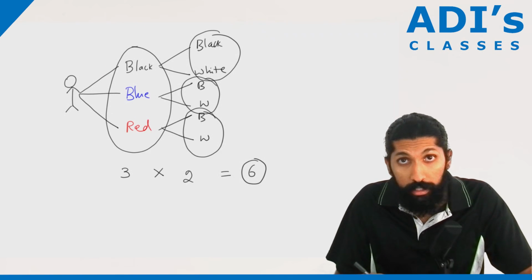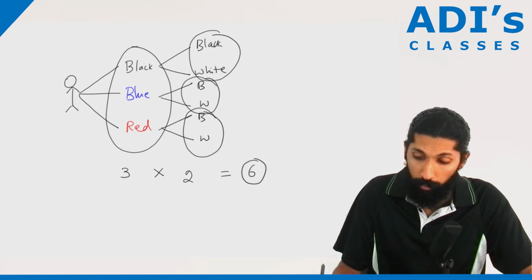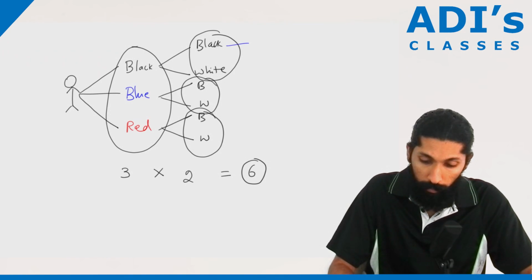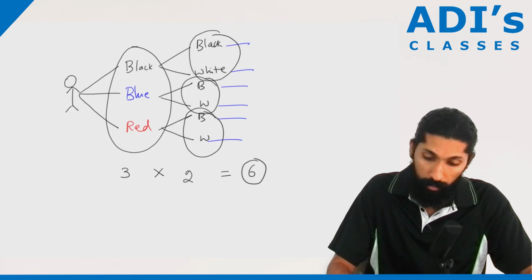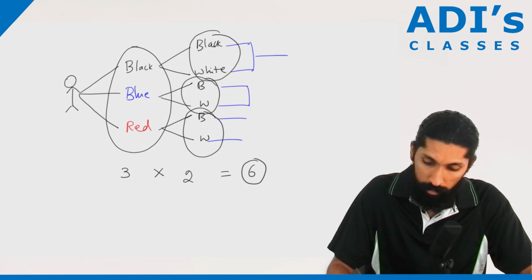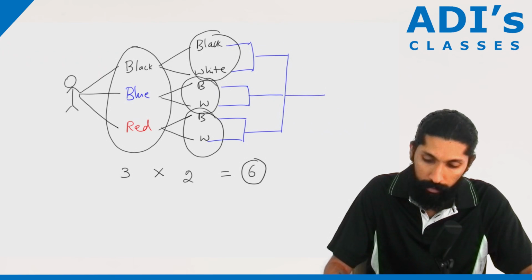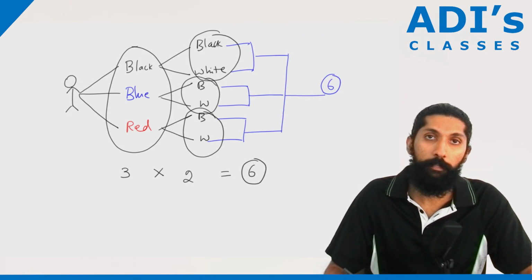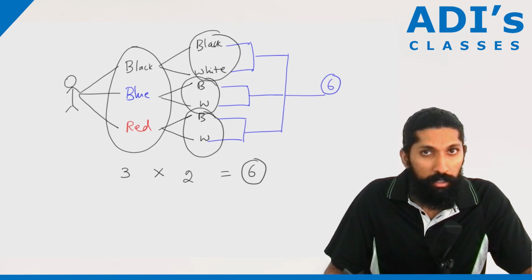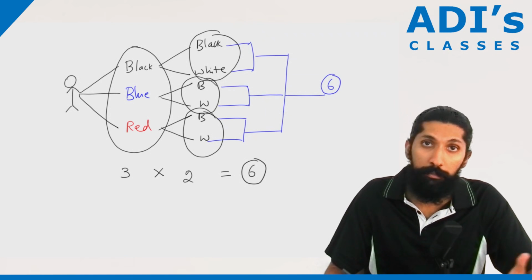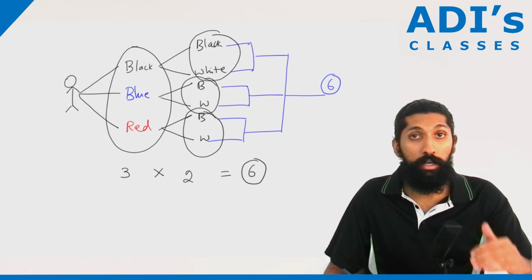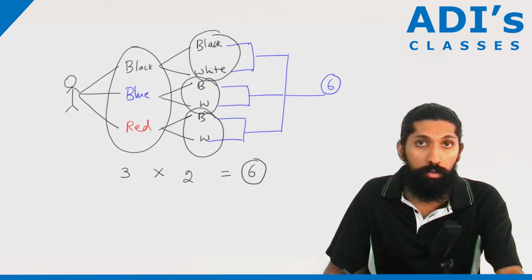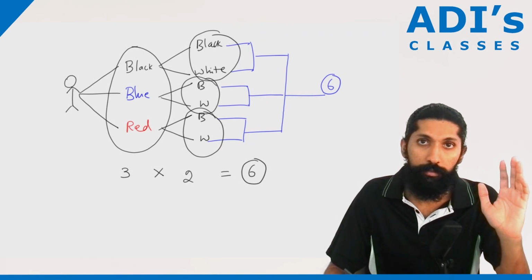You might as well count it. 1, 2, 3, 4, 5, 6. This is 2, this is 2, this is 2. So totally when you add all of them, you're going to get 6. Because repeated addition is multiplication, isn't it? So instead of saying 2 plus 2 plus 2, you might as well say 3 into 2.